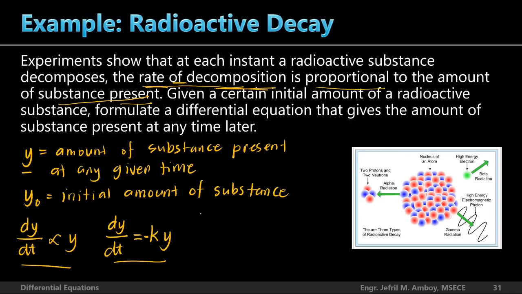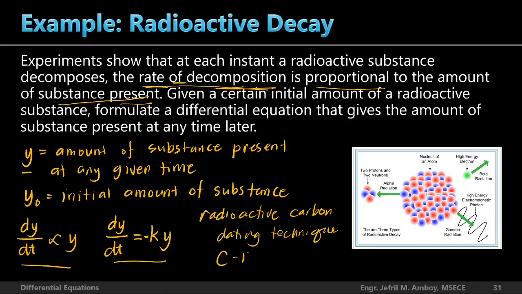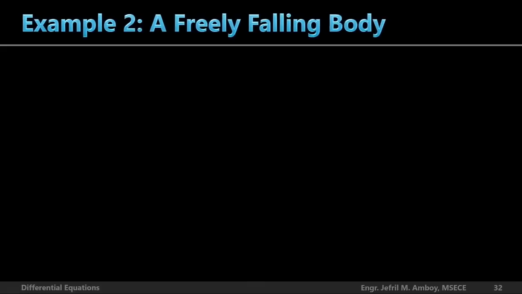Researchers use the radioactive carbon dating technique in order to estimate the period of time in which a certain, for example, dinosaur lived. Of course, that's hundreds of millions of years ago. And they are using the radioactive element carbon-14. Now, let us move to the next example.